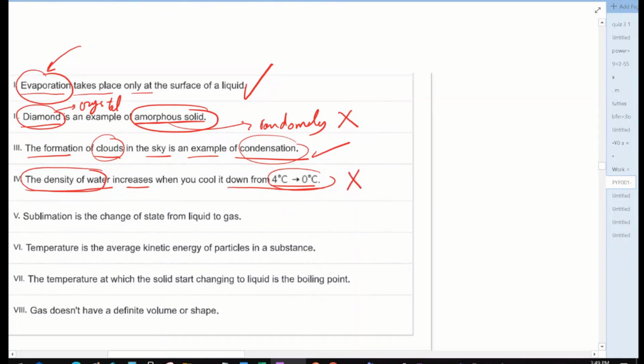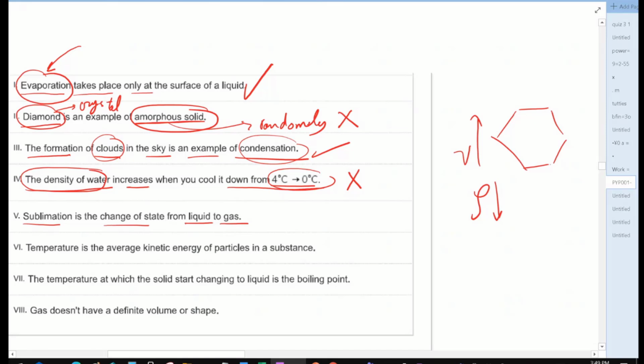The density decreases because we said before it changes into crystals, and the crystal becomes bigger because it takes more volume, the crystal of the water. So if the volume increases, that means the density will decrease. So the density of the water does not decrease. Sublimation is a change from liquid to gas.